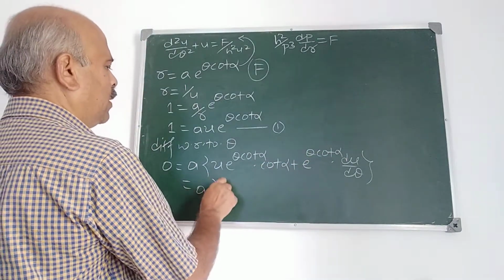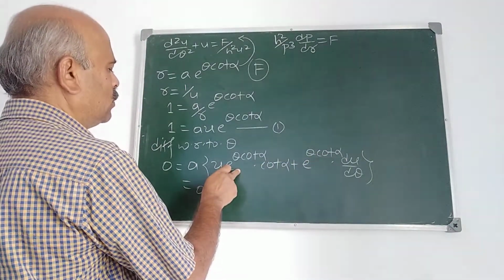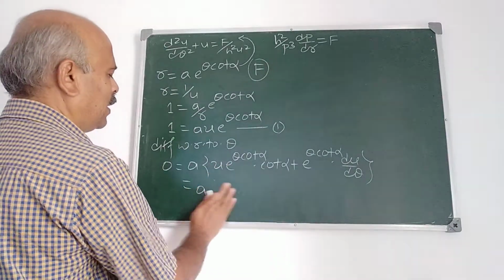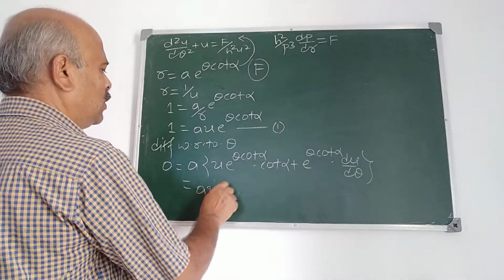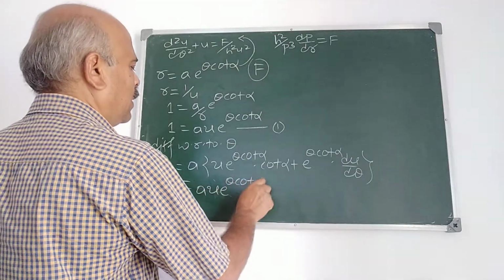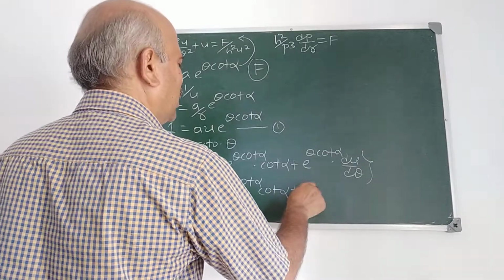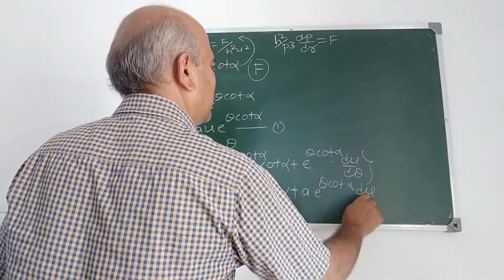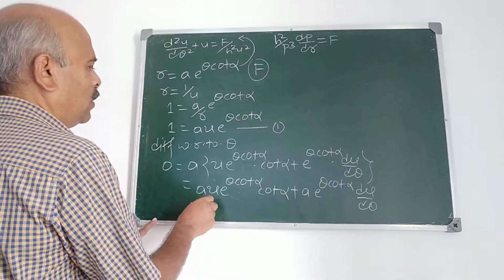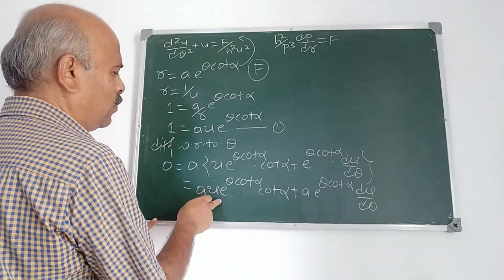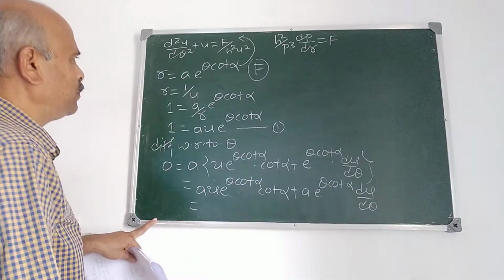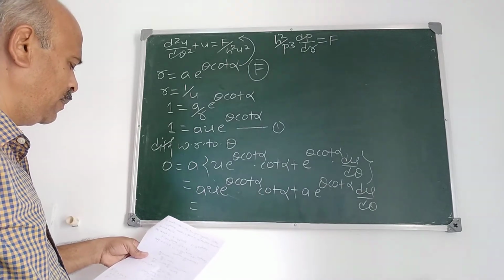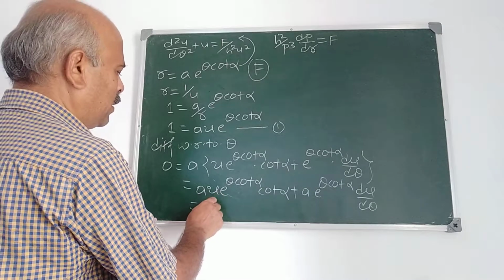I simplify like this: a u e raised to theta cot alpha into cot alpha plus a e raised to theta cot alpha into du by d theta. How do you simplify this? What is the common factor?